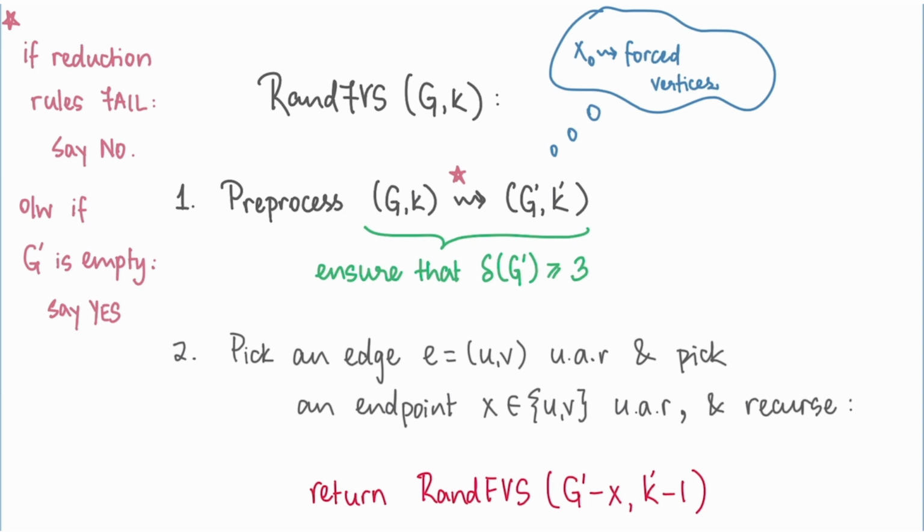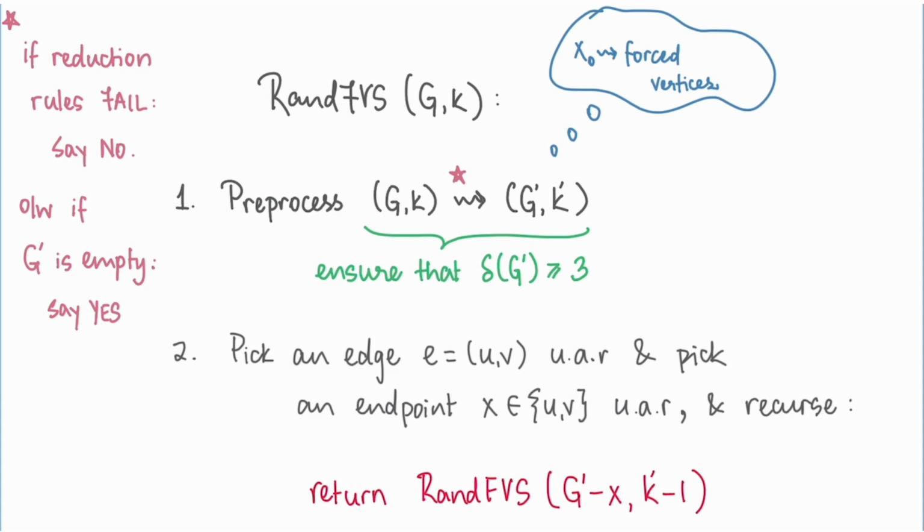This is the endpoint that we want to include in our solution. So we are going to recursively invoke this randomized algorithm on G minus v with a reduced budget of k minus 1. Our hope is that this vertex that we have picked with this random experiment is actually sitting in some arbitrary but fixed solution if (G, k) was a yes instance.